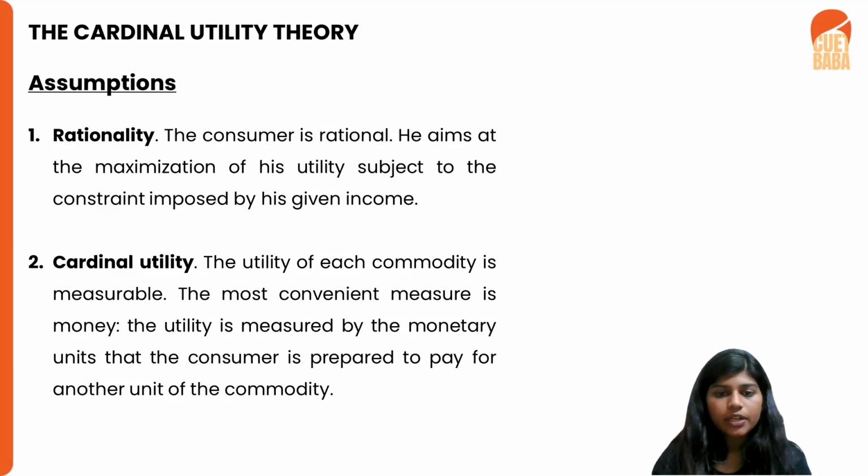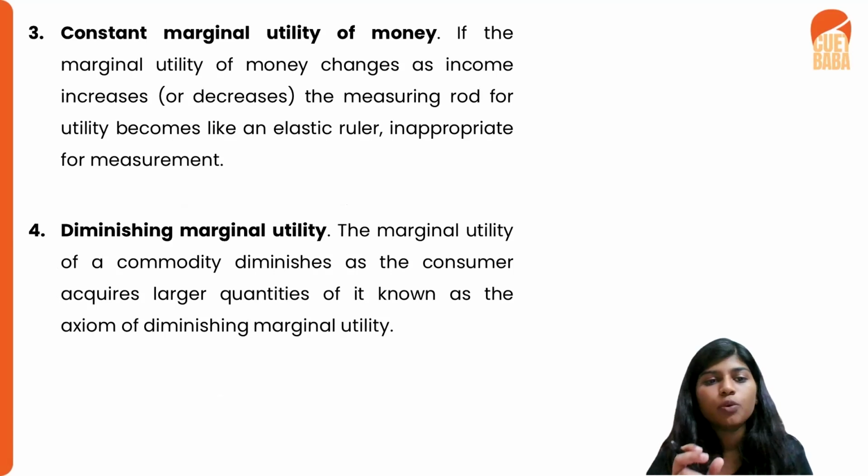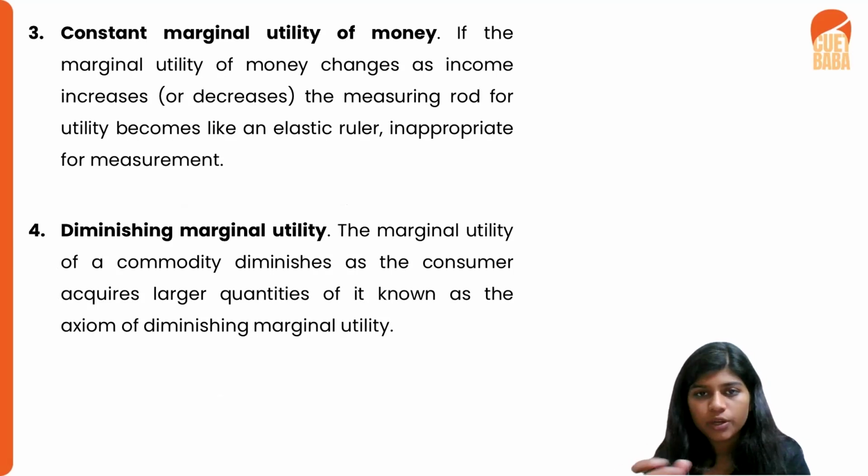Second, we have cardinal utility, which means that utility is measurable, and the most convenient measure is money, so utility is measured in monetary units. Third, we have constant marginal utility of money. Firstly, we have to know the meaning of the word marginal. Marginal means one additional unit.